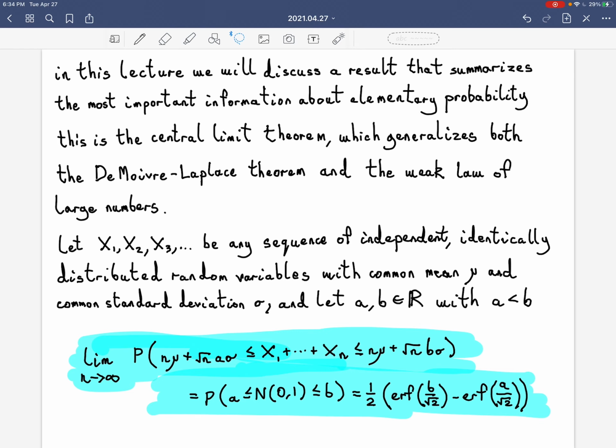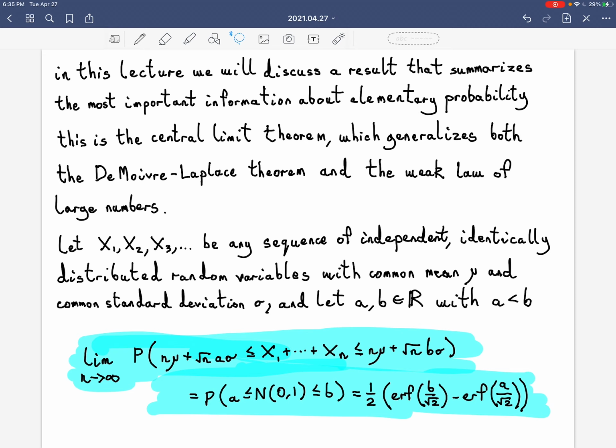It just tells you that the sample average is going to converge to the mean, but it doesn't allow you to do detailed estimates of the probability for various intervals around the mean.